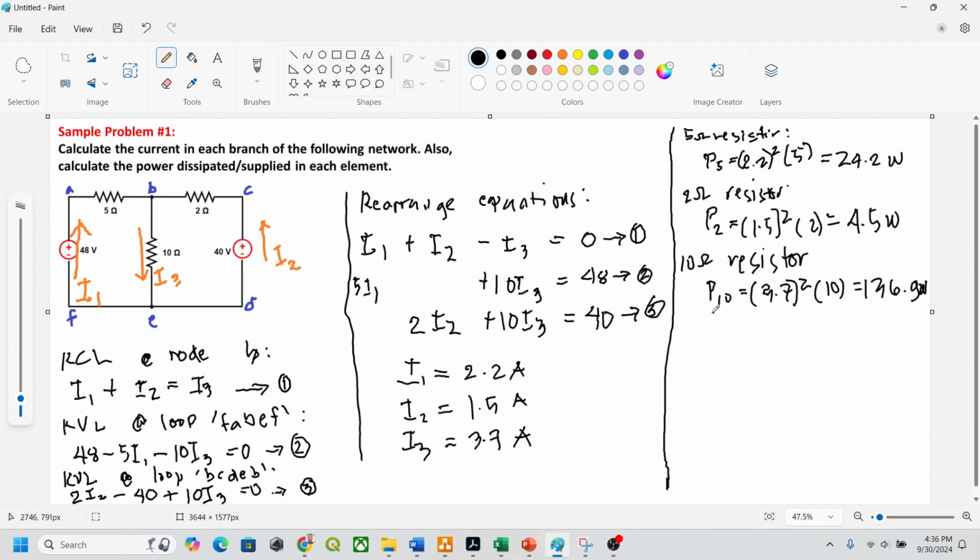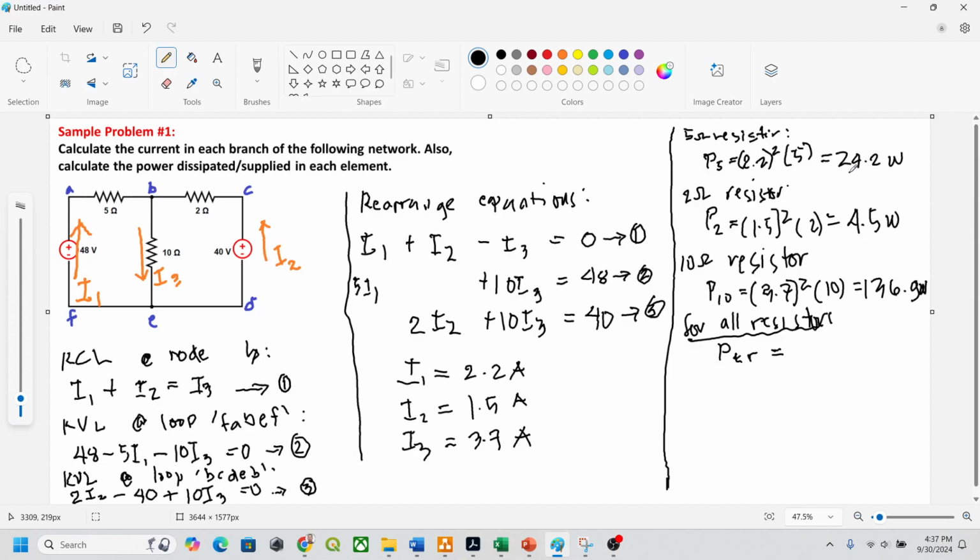So the total power for all resistors, we call it PTR. That's the power of the 5 ohm resistor plus the power of the 2 ohm resistor plus the power of the 10 ohm resistor.